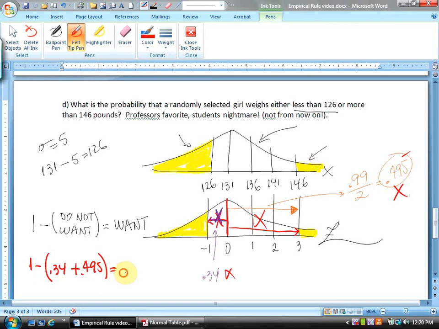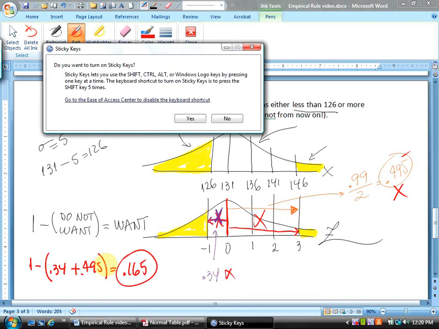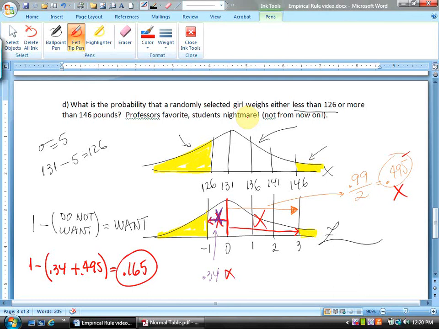The answer is 16.5. So we can now say that 16.5% of all American girls age 19 weigh either less than 126 pounds here or more than 146 pounds here.